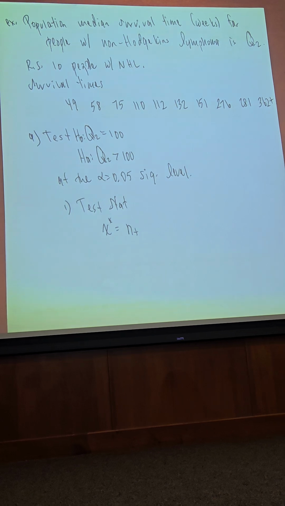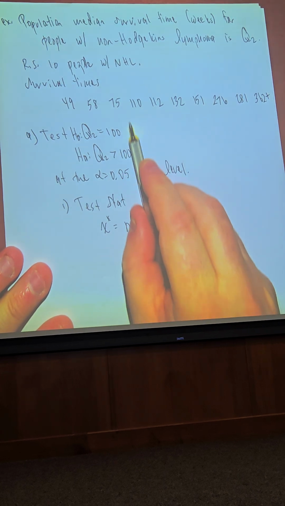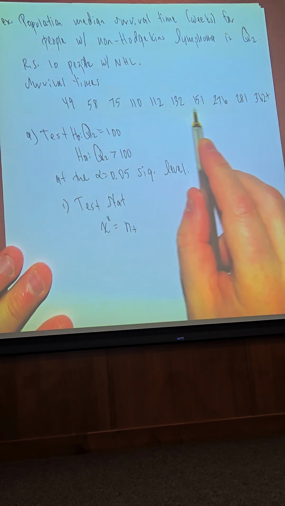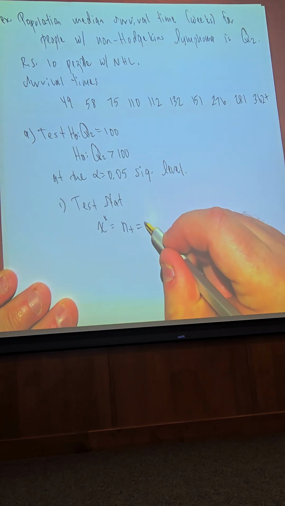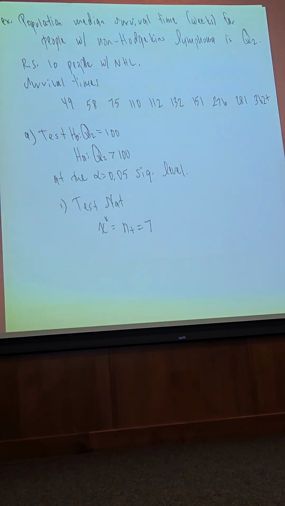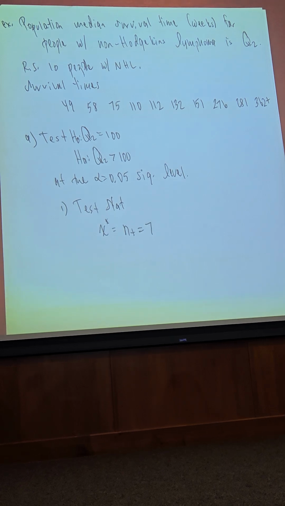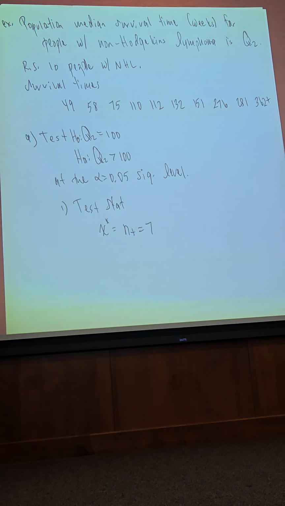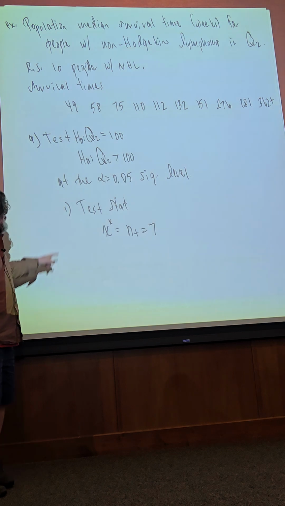Well, I have 10 data points. How many of my data points fall above 100? 1, 2, 3, 4, 5, 6, 7 of those guys. My test statistic here is 7. Beautiful. So if your alternative is greater than, you count the number of data points that fall above your median, which makes sense.